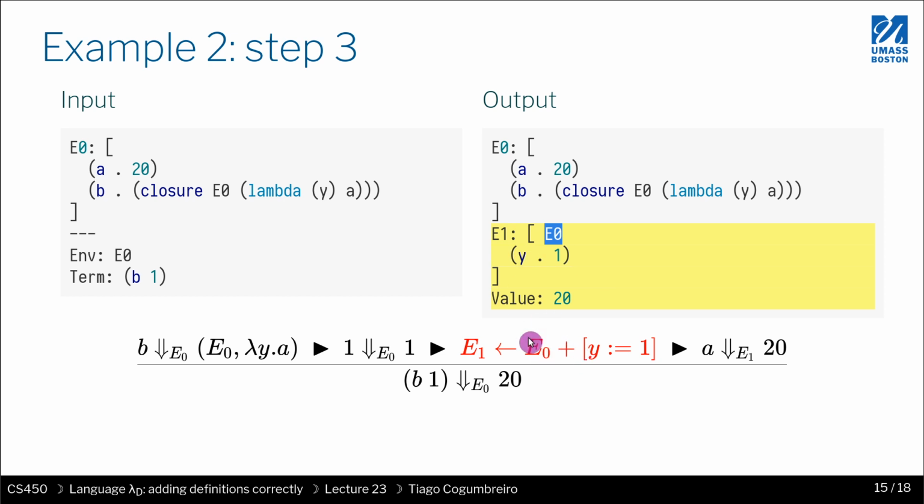Because here I'm saying all the bindings that are in E0 plus y. So that means if A is not in E1, we have to look it up in E0 because I'm referencing it here. And now what I see is that A is there, so I return 20. And therefore the whole thing should return 20.